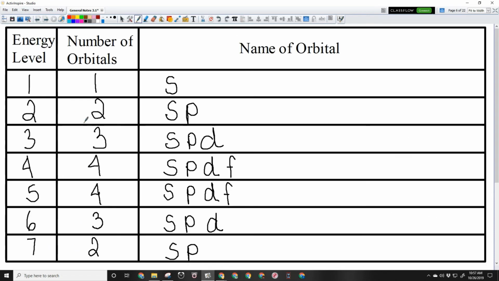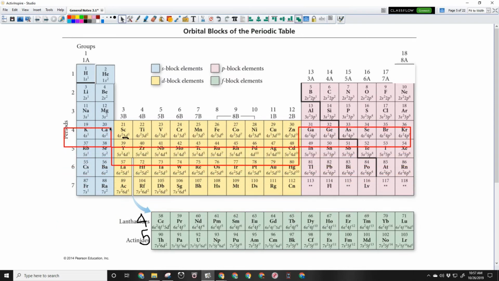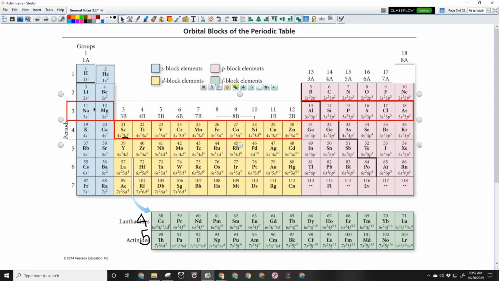So once you get to calcium here, which is 4s2, this first energy level is considered a 3d. So if we come back and pull this up, see, this energy level is considered part of the third because these electrons have lower energy than the fourth energy level.